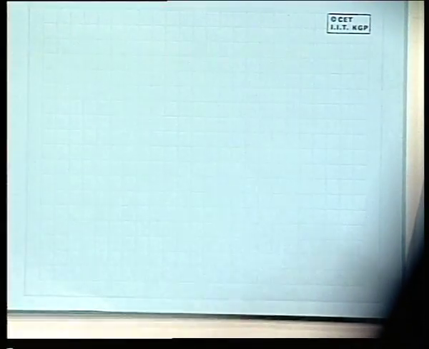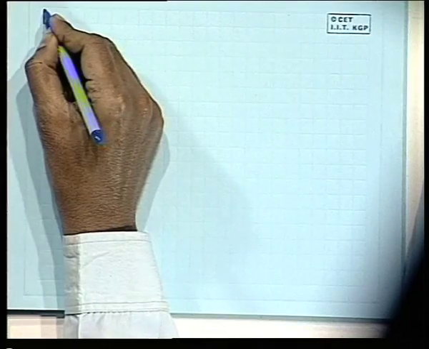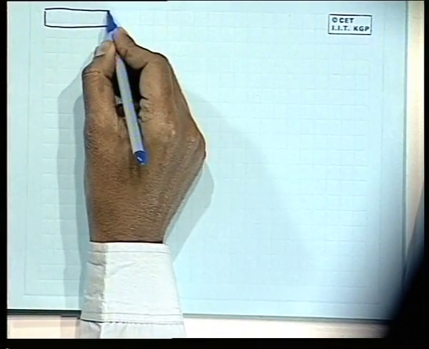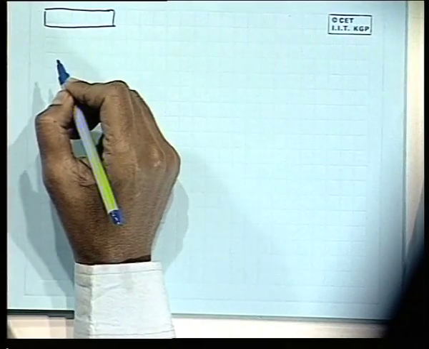Now, the problem, if it is defined again, is like this: there is a source temperature for a heat engine. This is 671 degrees Celsius.